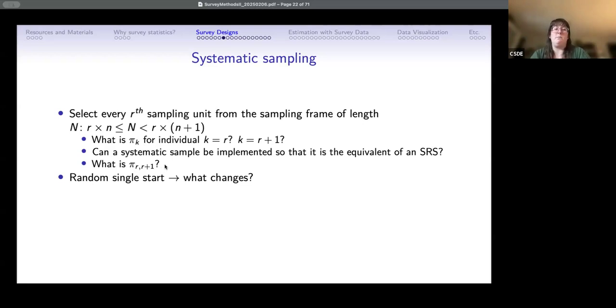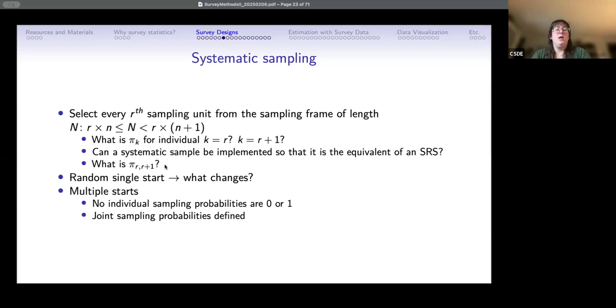Some people in practice might actually pick, say, 3 numbers between 1 and 25 at random, and then they'll take every third and what's 25 plus 3, 28th, and so on. And they'll take every 10th and every 35th and so on. And they'll take every 15th and 40th. So that's a way to get around it.